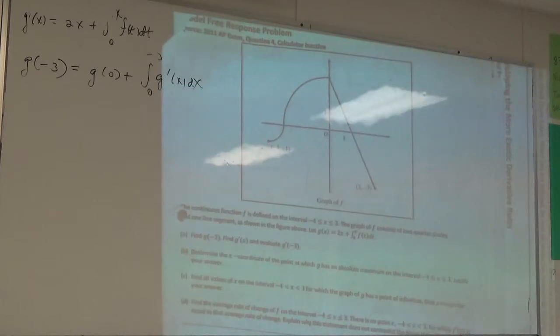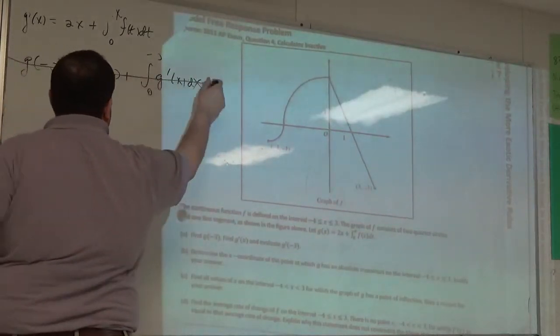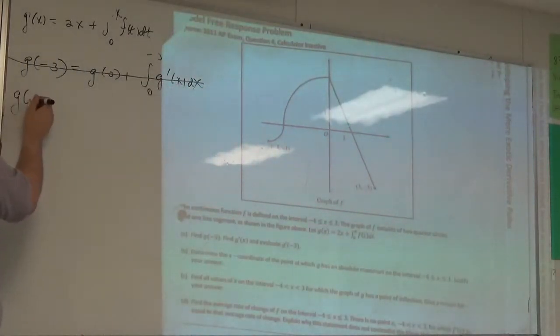Because there's a much easier way to get g of -3. I'm not saying that this is wrong, but they told you what g of x is. Just plug in -3.